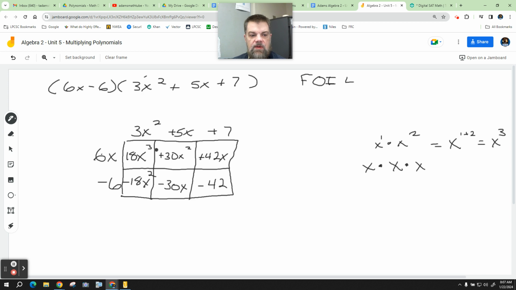So then I write out all the terms. I'm going to say 18x cubed plus 30x squared. Now, in general, the diagonals are like terms. So I want to kind of group my x squareds with x squareds.